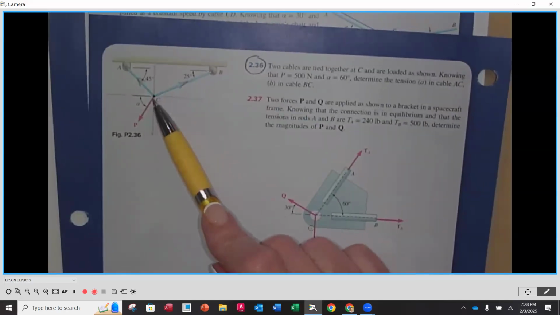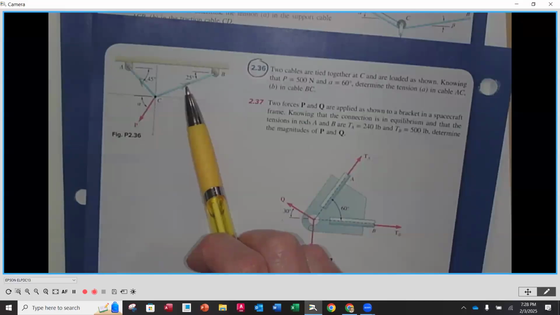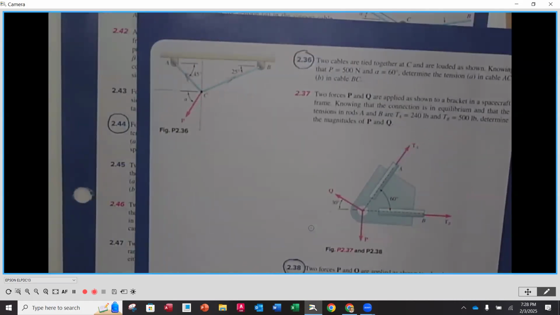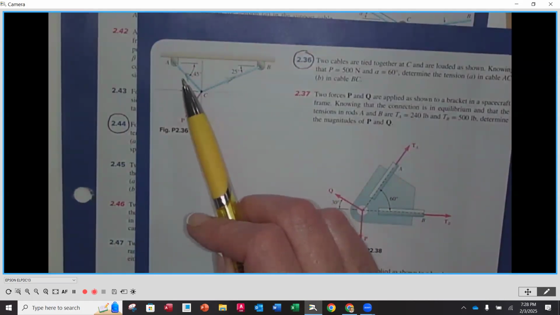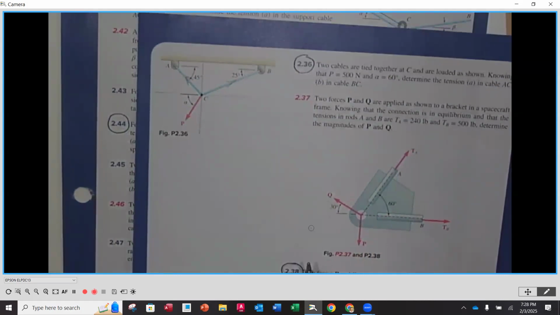So you're going to put 600 and 750 along AC and CB. And then it says determine the maximum force P that you can hold with that, and the corresponding value of alpha, right? So here you're going to have known forces along the cables, and then P is going to be unknown. So kind of working that problem backwards from what it was originally given.